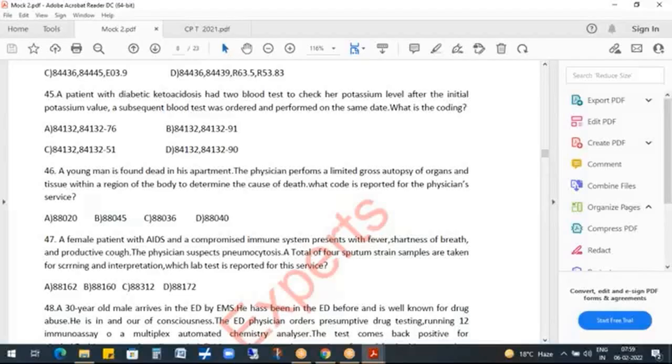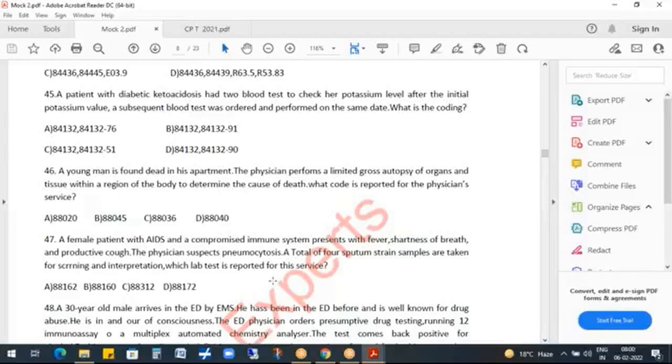They gave sputum too, but they didn't give that option. I just got confused about 89220. If they provide that option, then you can think about it. Otherwise, no need to think about that option, in the examination also.